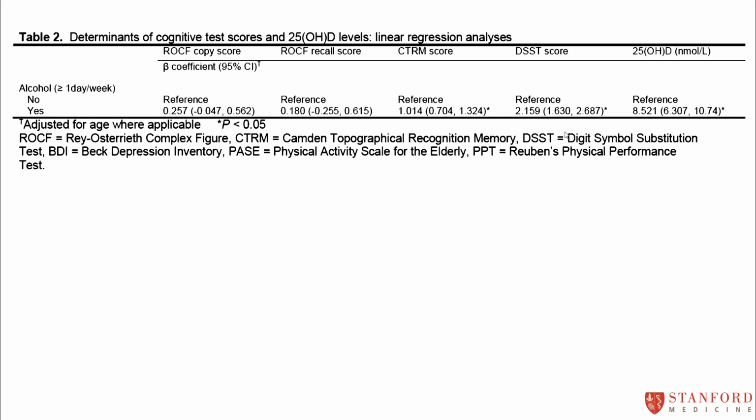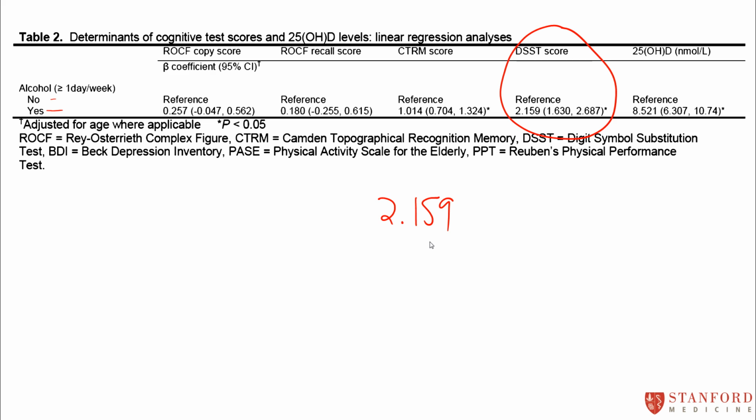How about alcohol drinking? Interestingly, alcohol drinking is correlated with slightly higher cognitive function, at least on the CTRM score and the DSST score. Alcohol was coded as a binary variable, so drinking at least 1 drink a day versus less than that was correlated with a slightly higher DSST score, 2.159 points higher, and that was statistically significant.